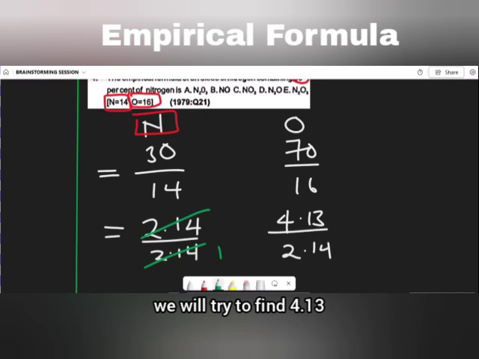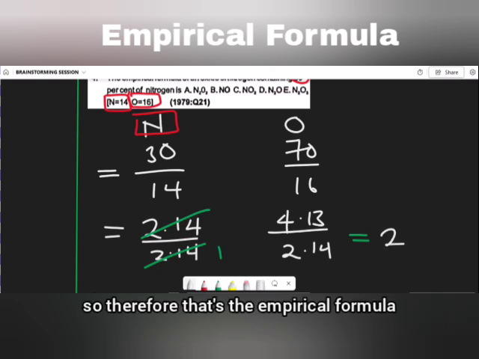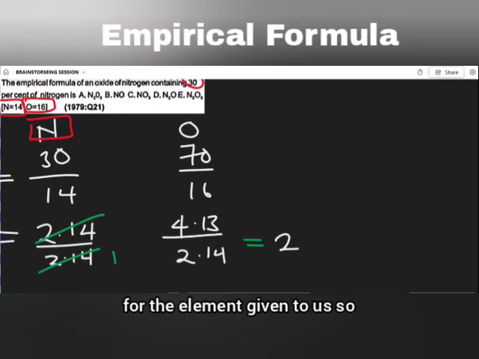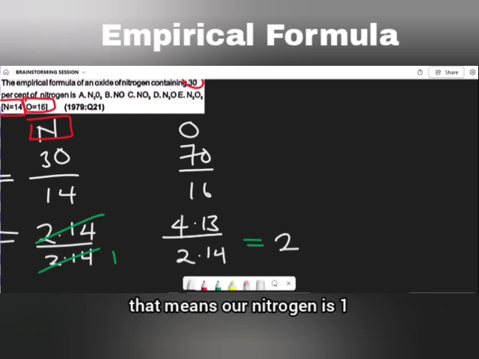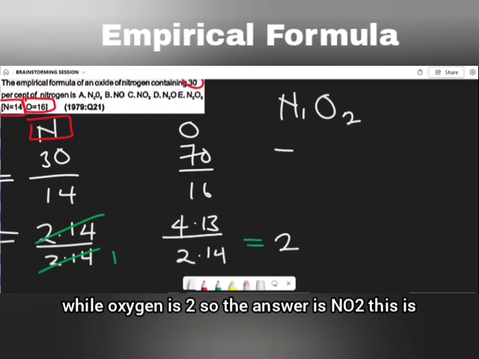When we find 4.13 divided by 2.14, our answer is roughly 2. So that means nitrogen is 1, while oxygen is 2. So the answer is NO2.